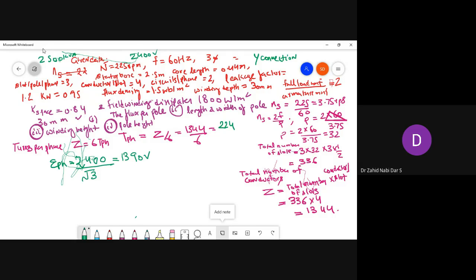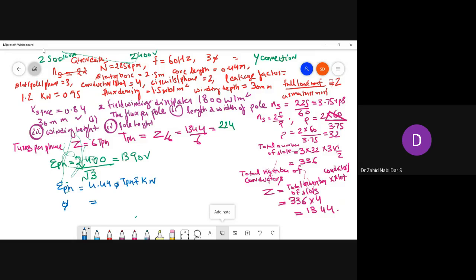Now in order to calculate the flux per pole, we know this equation wherein E phase is equal to 4.44 phi T phase f kW. That equation you substitute, you can get the value of phi.